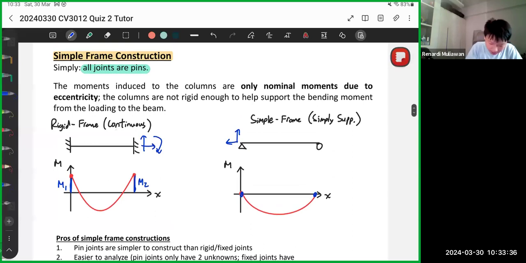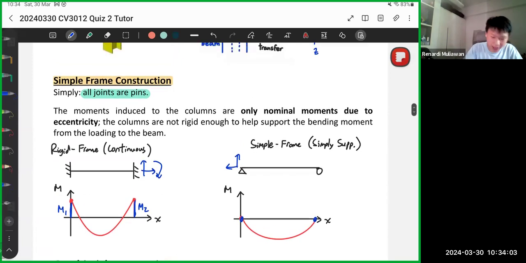This means that this fixed beam transfers the moment onto the column. I repeat, this M1 will be carried by the column. While this one doesn't have a moment. So for rigid frame, there's a moment. For simple frame, there's no moment transferred to the column.